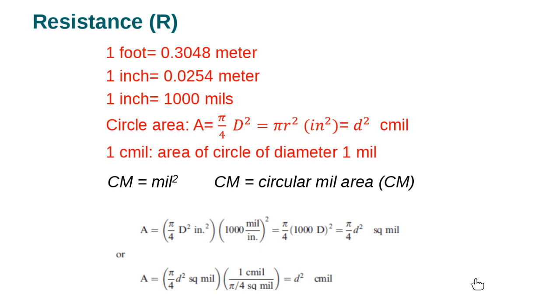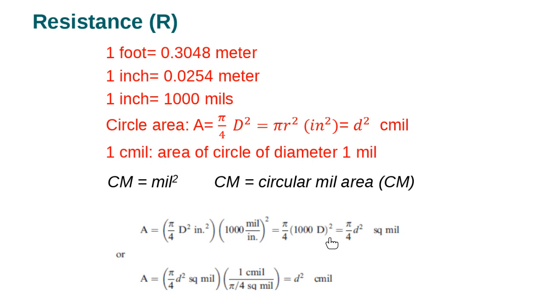And the relationship we talked about is between small d squared, when we talk about circular mil, and D squared capital. This capital D is also the diameter, but this D is in inches, inches squared. And this one is circular mil. And the relationship is what? It's 1,000.